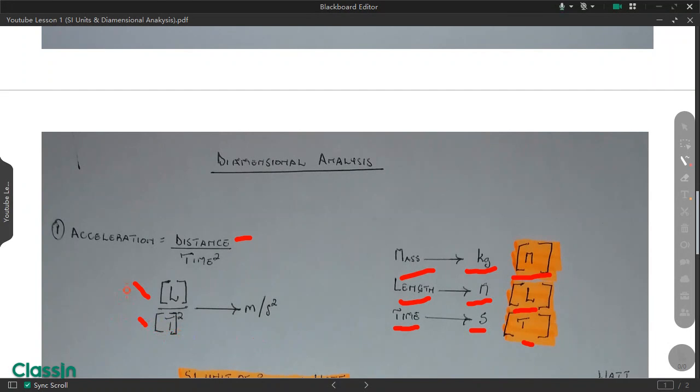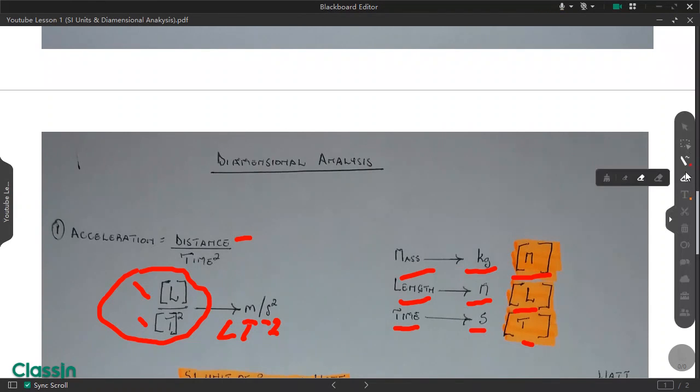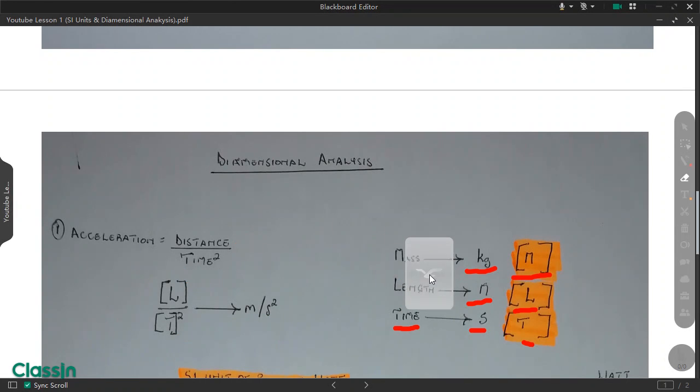And this equation, you're going to write it as L T minus 2, with the basic indices. So this is how we use the basic MLT, the fundamental base quantities, to deal with dimensional analysis.